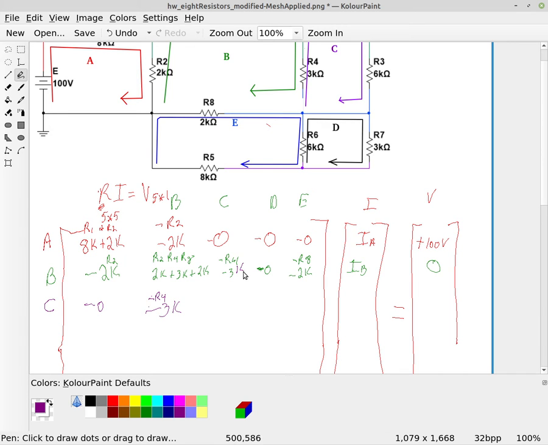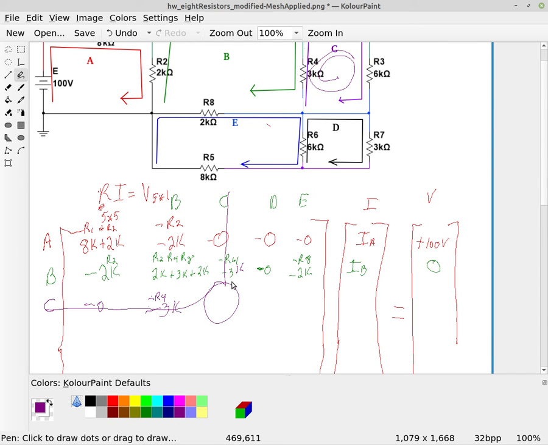I forgot to put the K in there before. Okay. So these are all K's, so you just need to be consistent there. But that's 3K, and then all the resistors touching R. So this is the C column and the C row.